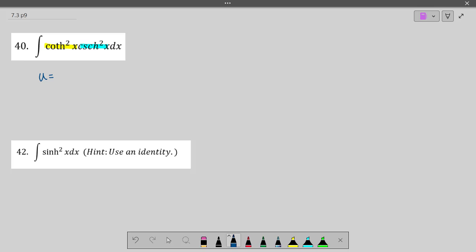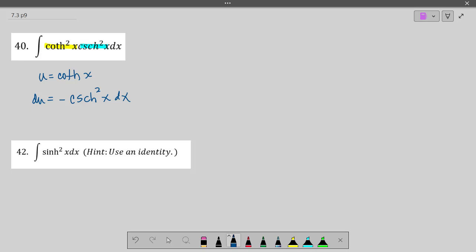So what do we think? Should u be cotangent or cosec? So if we go with cotangent, let's see how that plays out. So the nice thing about choosing cotangent, first off, remember that it's part of the second 3, so its derivative is negative. And what will its derivative be? Negative cosec. So negative cosec squared.